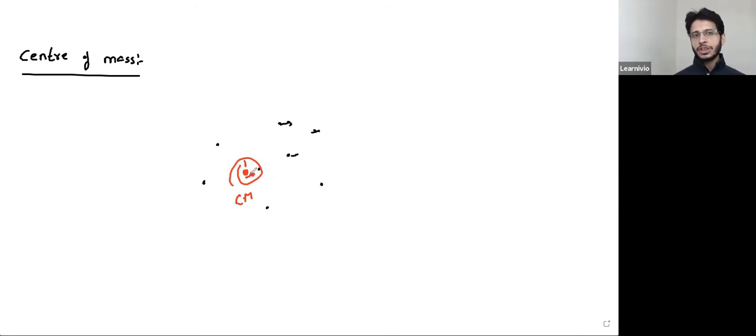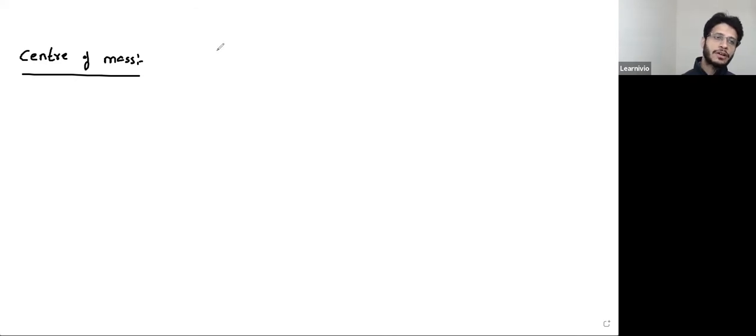So what do you think? Which approach is easier? The approach of center of mass. So by center of mass, we are representing the entire system by a single point. The velocity of the entire system is equal to the velocity of that single point. The acceleration of the entire system is equal to the acceleration of the single point.